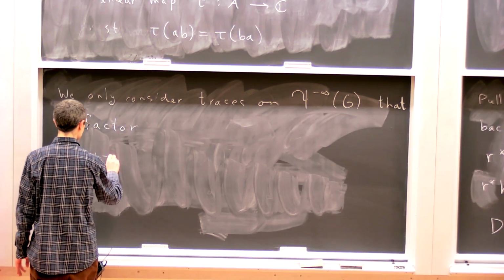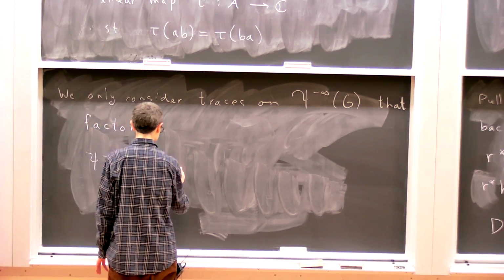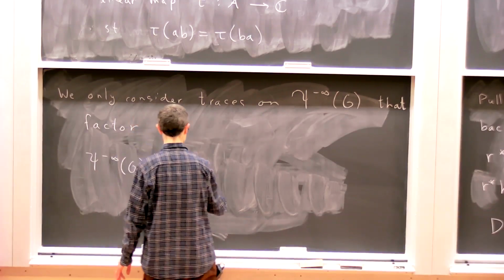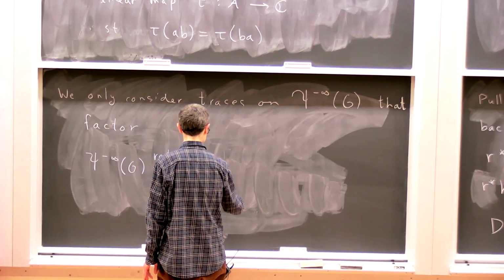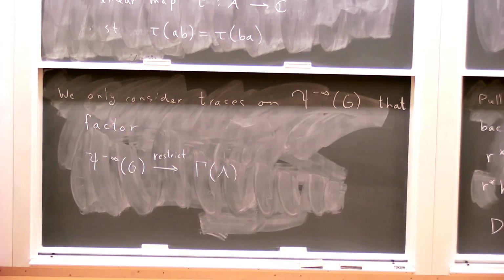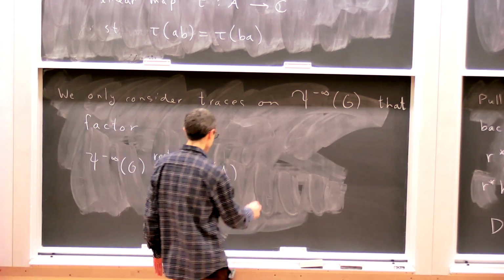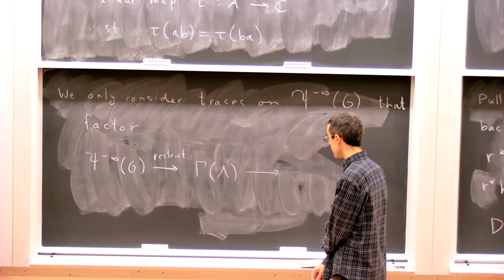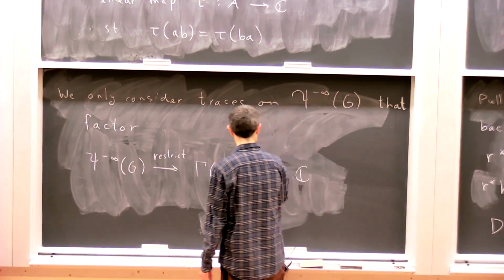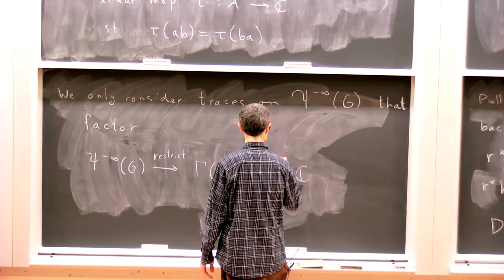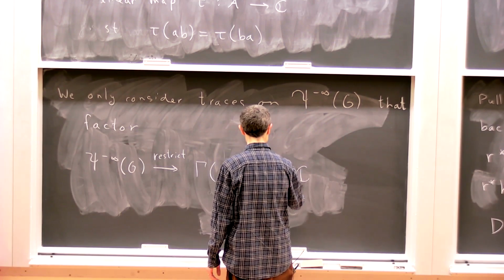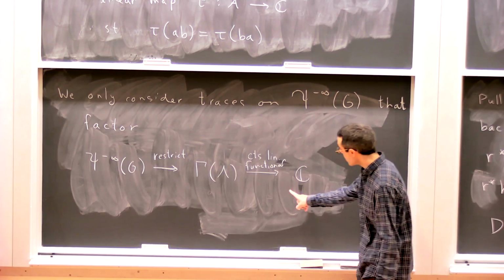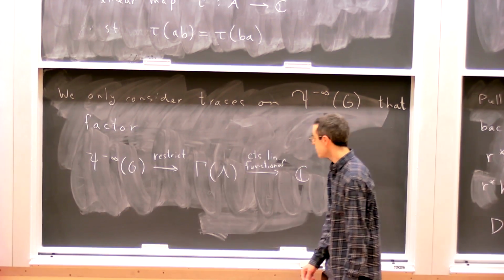If you have something in psi minus infinity G, you can restrict it to the unit space. And when you do that, you get a section of this bundle lambda over M. And then you can apply a continuous linear functional to this. Okay. So I only want to consider traces that have a factorization like this.